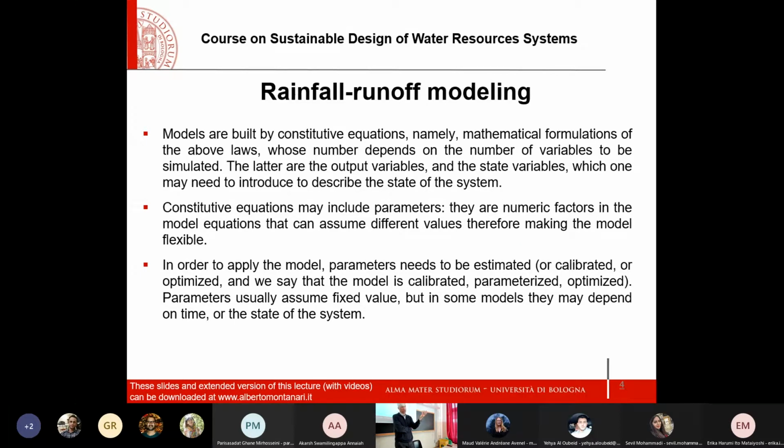The variables of interest, if I want to reproduce the river flow, may be more than one, because I may need to represent additional variables, like, for instance, storage. It's a time-dependent variable like river flow.